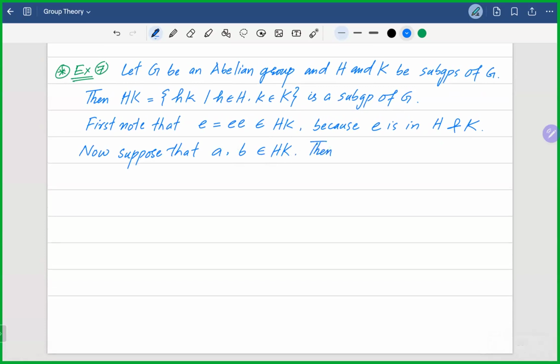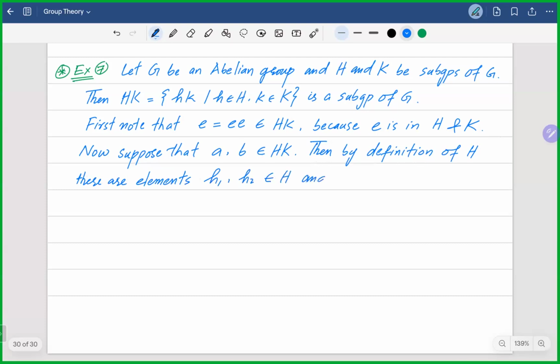Then by definition of HK, there are elements H1, H2 in H and K1, K2 in K such that A is H1 K1 and B is H2 K2.